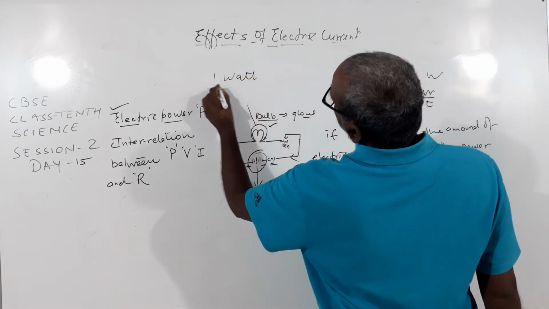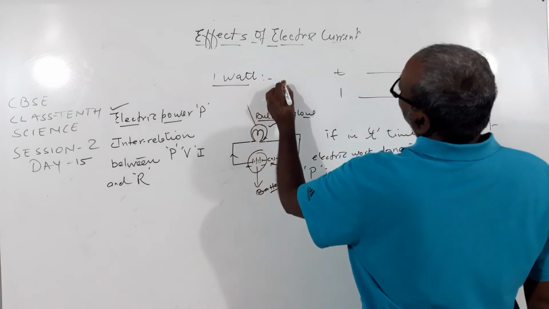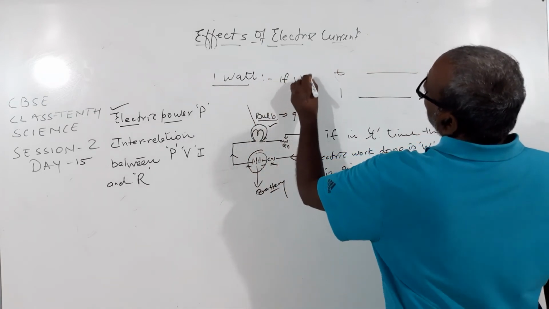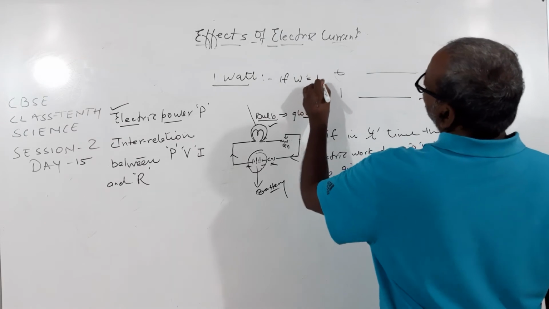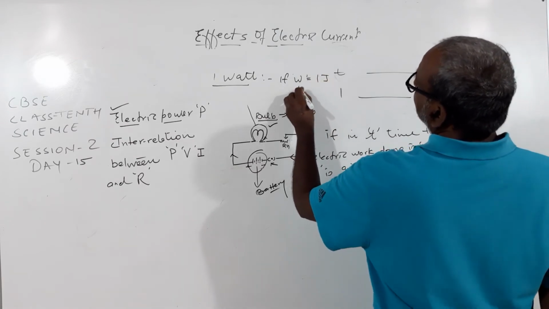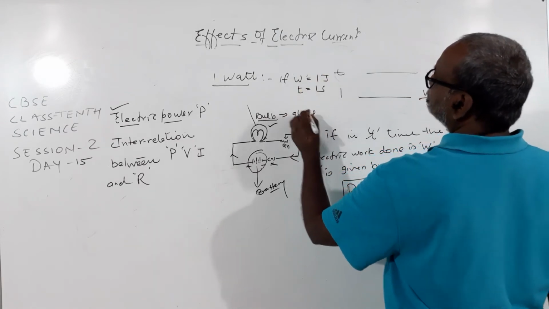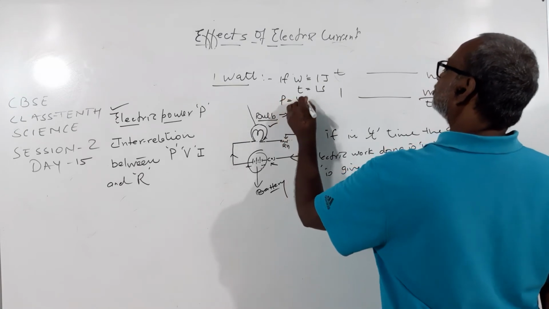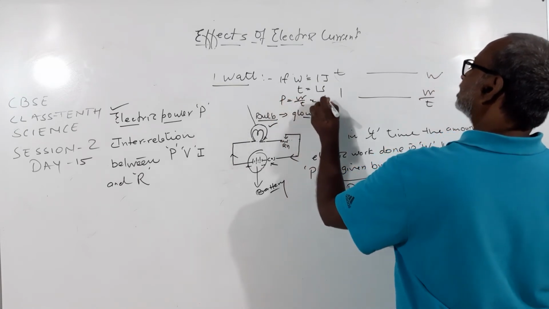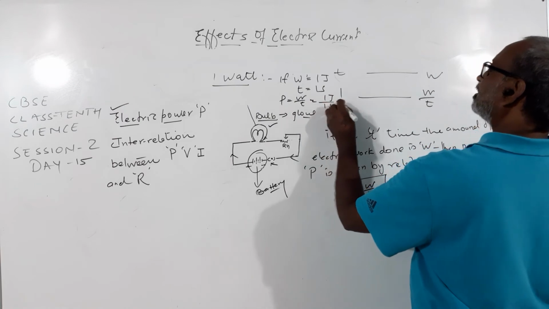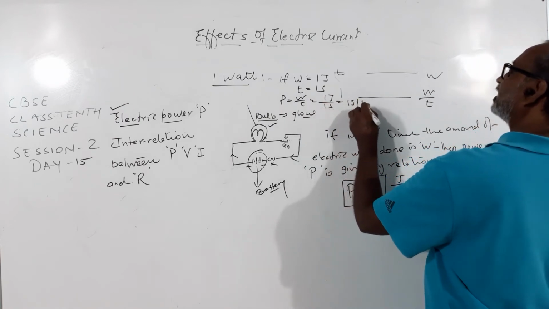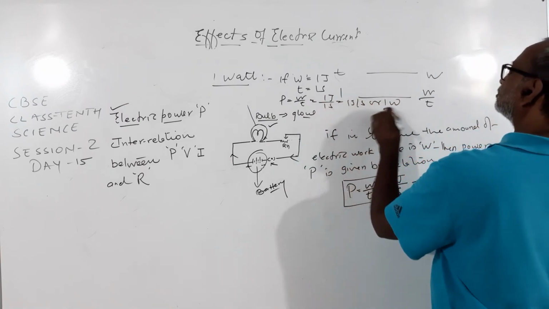If the amount of work done is 1 joule, time T is 1 second, then P is equal to W over T, that is 1 joule over 1 second, that is 1 joule per second or 1 watt.